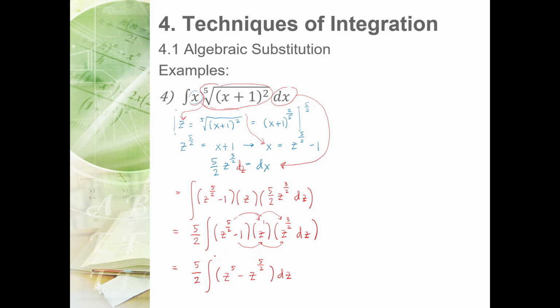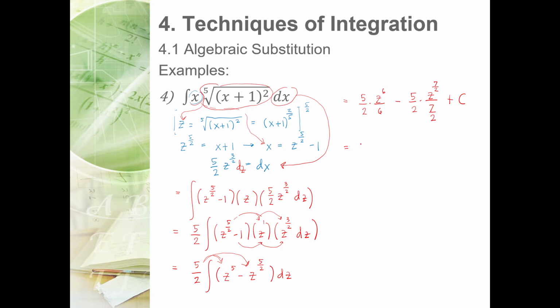So this time we can now integrate. Don't forget to multiply 5 halves. So this would give us 5 halves times z to the power of 6 all over 6 minus 5 halves times z to the power of, so plus 1, this would give us 7 over 2, all over 7 over 2, plus c.